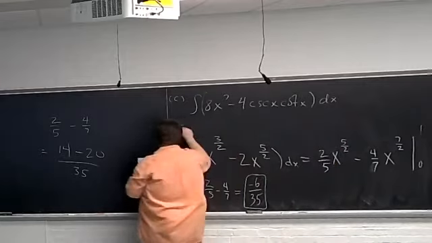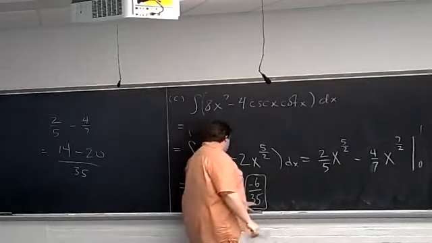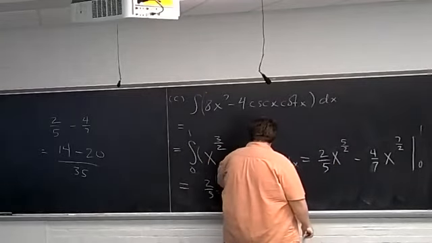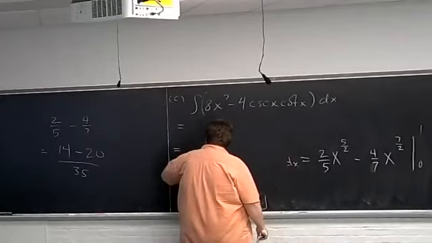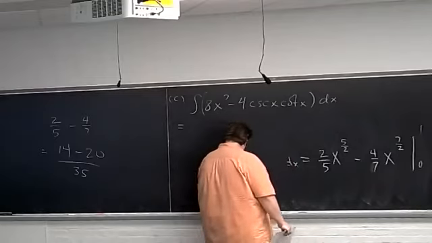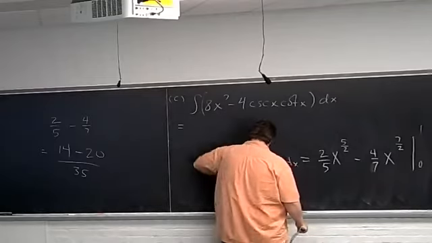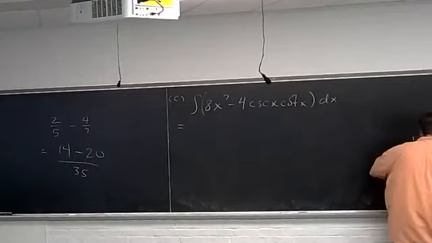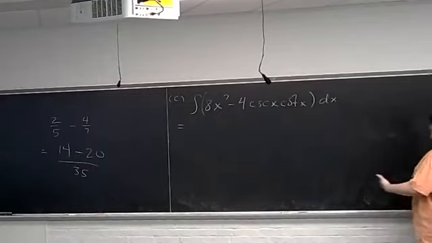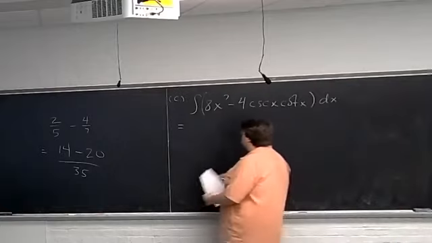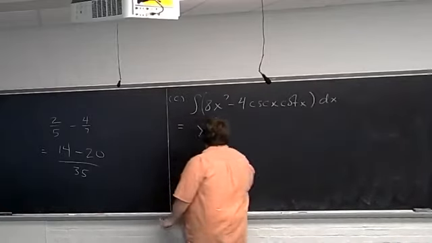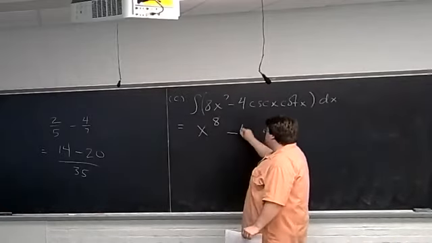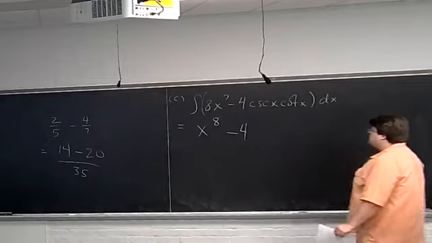Well, again, indefinite integral, we can do it piece by piece. Eight x to the 7th, we have a power rule. 7 plus 1 is 8. -4 carries through. Cosecant x cotangent x.